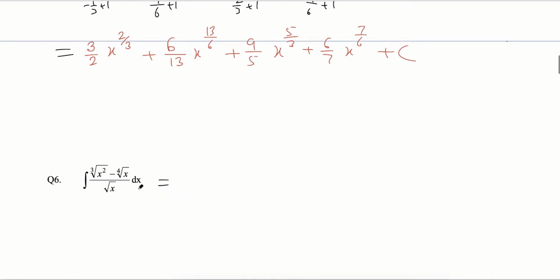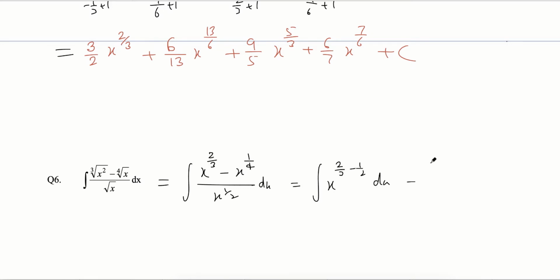Again it looks similar to this. It's a calculation based question. So this is x power 2 by 3 minus x power 1 by 4 divided by x power 1 by 2 dx, which further we can write as x power 2 by 3 minus 1 by 2 dx minus x power 1 by 4 minus 1 by 2 dx.